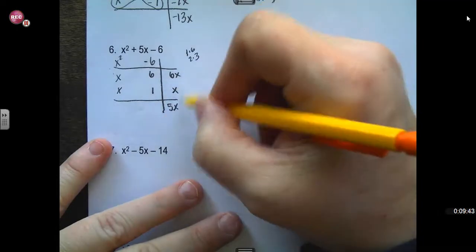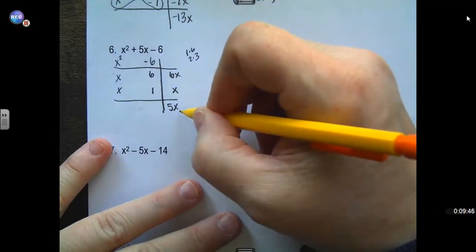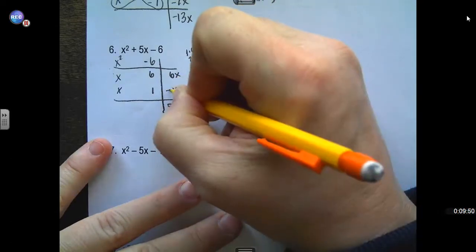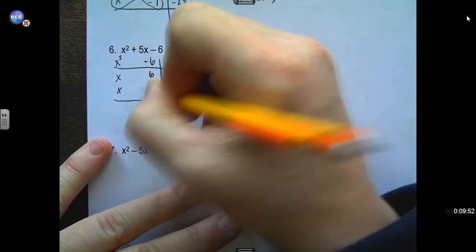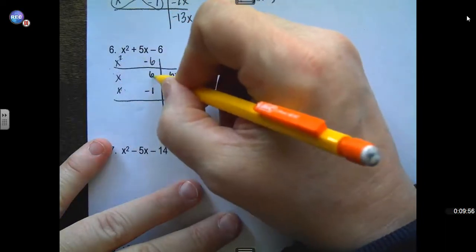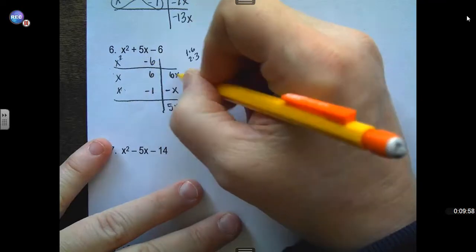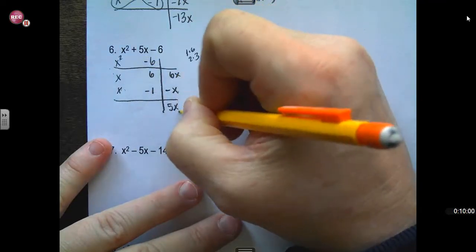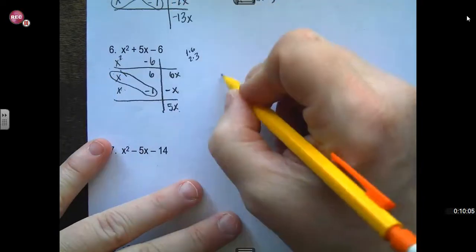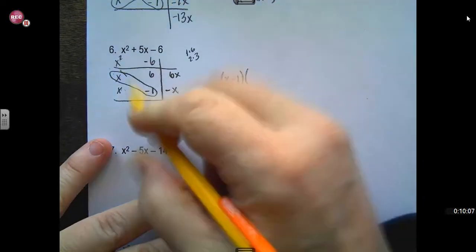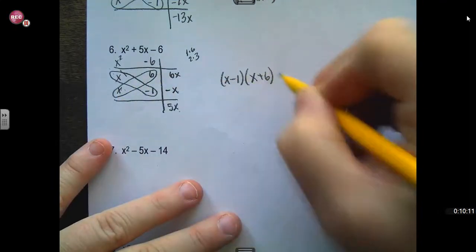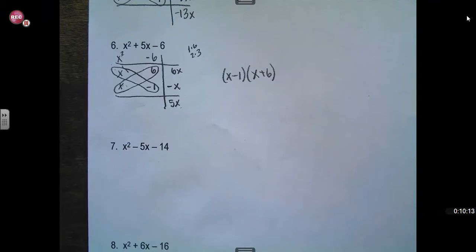And in order for me to get positive 5x, the 6 needs to be positive, and the x needs to be negative. And then when I check it, x times x is x squared. Negative 1 times 6 is negative 6. And 6x minus x is 5x. So my answer, the quantity x minus 1 times the quantity x plus 6. And that is factored.